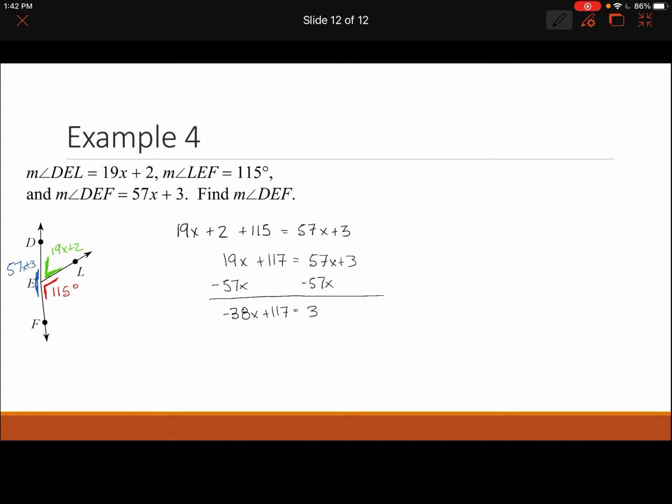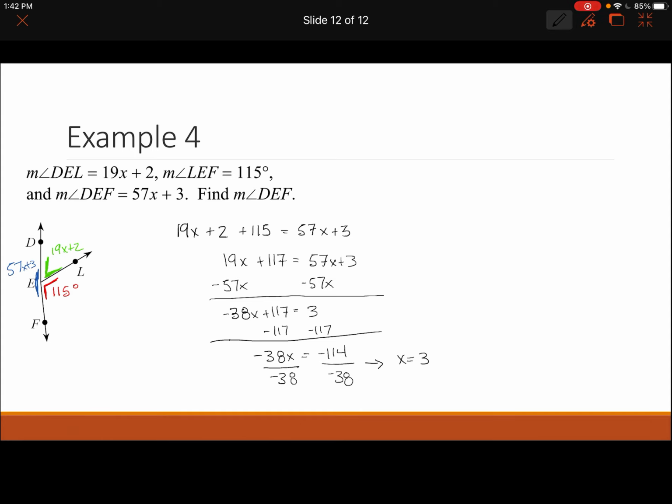And then we subtract 117 from both sides. So we're going to have minus 117 minus 117. So we get negative 38x equals negative 114. If you want to, you can throw that into your calculator. So we're going to get x equals positive 3.